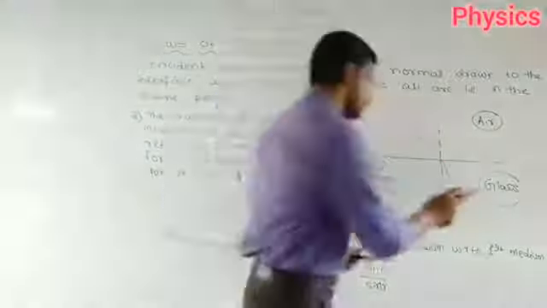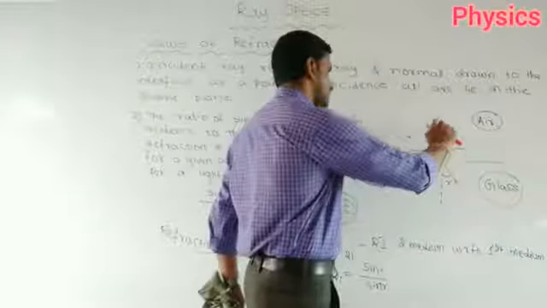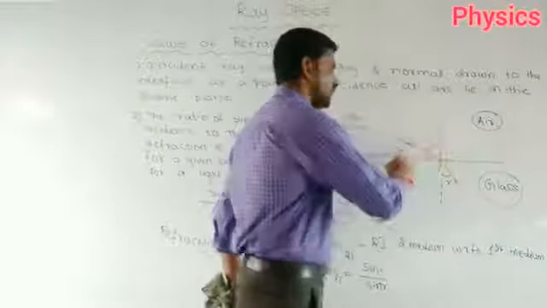When light travels from a denser medium to a rarer medium, the light bends away from the normal, like this. Now this I is the angle between the normal and the refracted ray. That means now I is the angle of refraction.